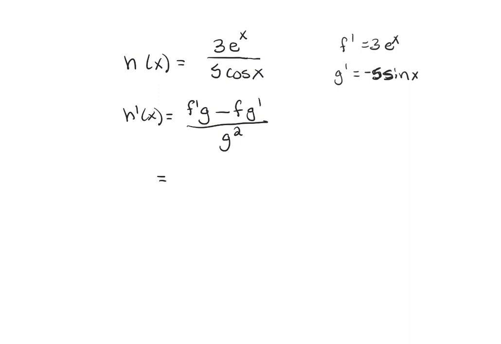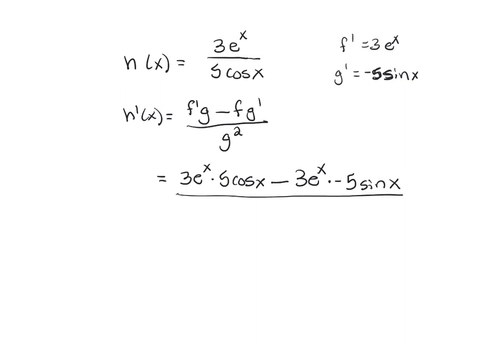So derivative of the first, 3e to the x, times the second, which is 5 cosine x, minus the first, 3e to the x, times the derivative of the second, negative 5 sine x, all over the second, 5 cosine x squared.